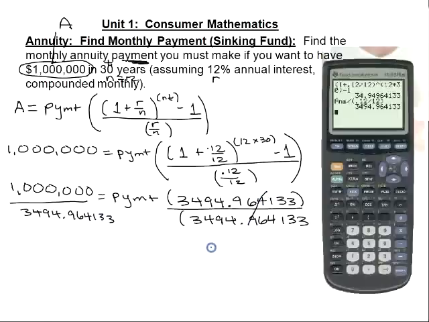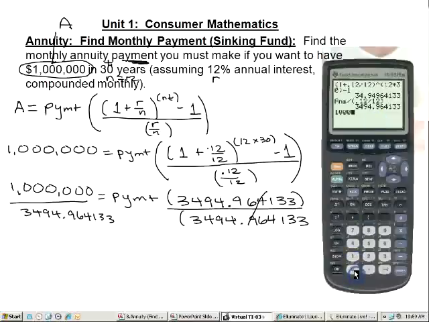So here we'll have this cancel. And so we need to take 1 million divided by this number. And you can, on your calculator, type in 1 million divided by and then type in this number. But I see on my calculator, the number I want to divide by is the most recent answer. So a shortcut is I type in 1 million and then divided by, and I want to divide by that previous answer.